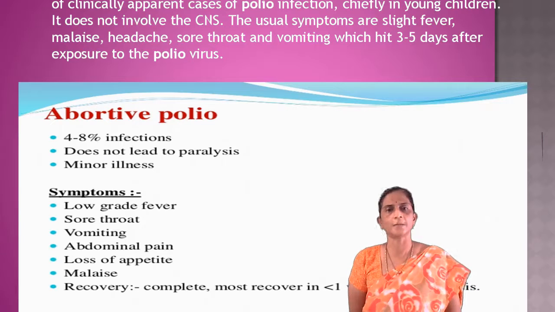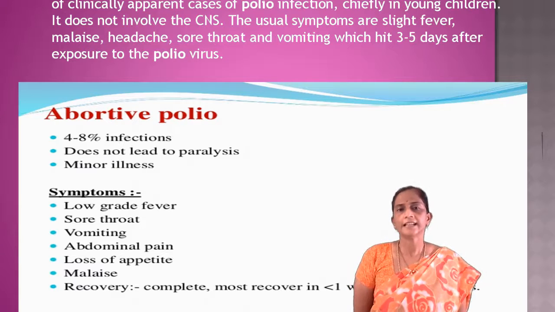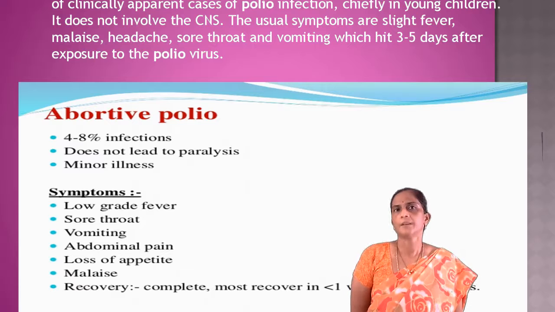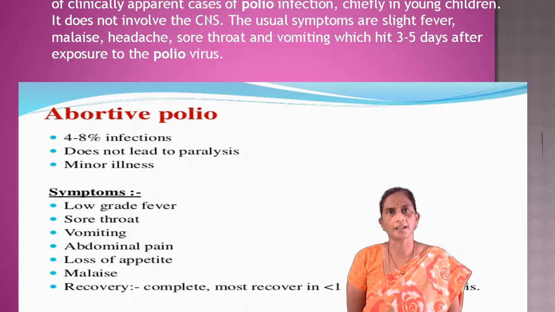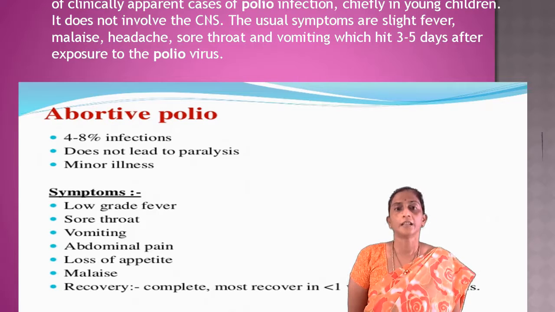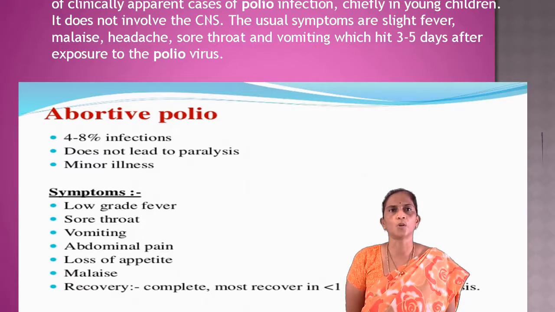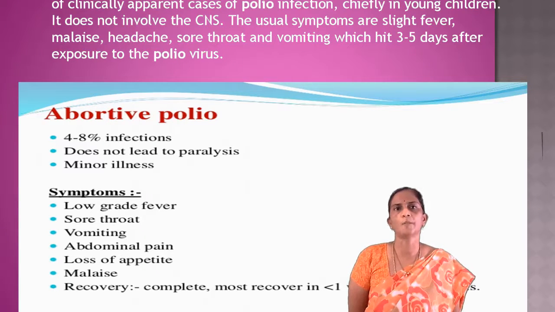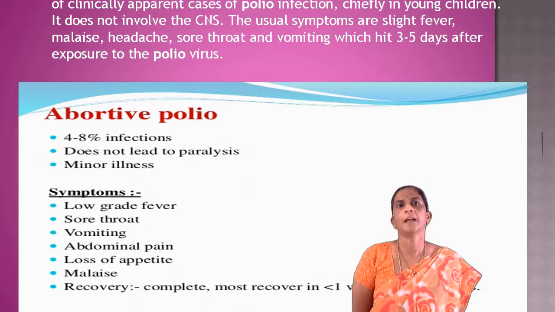It doesn't cause paralysis. It is mainly seen in children. That means the virus doesn't enter the central nervous system. The symptoms are low fever, sore throat, pain in the throat, vomiting, abdominal pain, loss of appetite. Appetite means hunger. Malaise, restlessness.